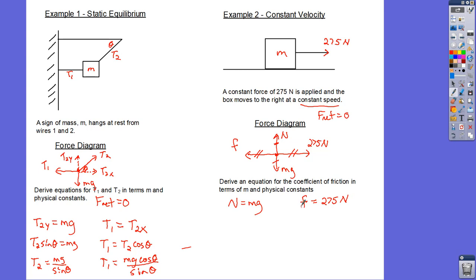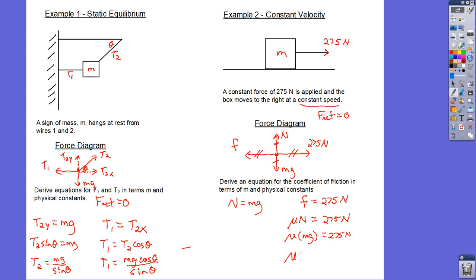So if you remember the formula for the frictional force, that's equal to the coefficient of friction times the normal force. The N's can be a little confusing here, so this N is normal. That stands for newtons. So you have mu times mg is equal to 275 newtons.